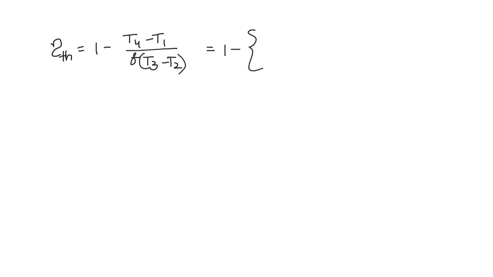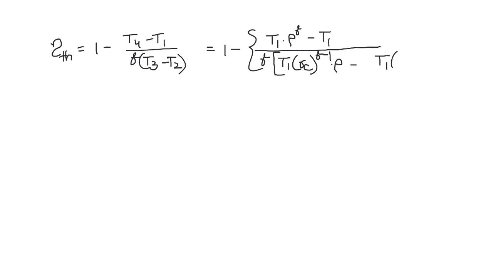Now let us substitute all these values in the thermal efficiency formula. Thermal efficiency is 1 minus (T4 minus T1) by gamma into (T3 minus T2). Substituting, T4 is T1 into rho power gamma, minus T1, divided by gamma into T3, which is T1 into Rc power gamma minus 1 into rho, minus T2, which is T1 into Rc power gamma minus 1.